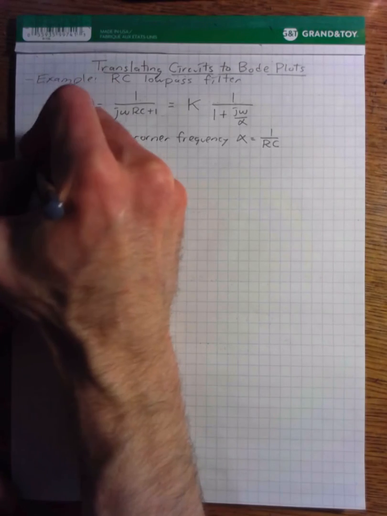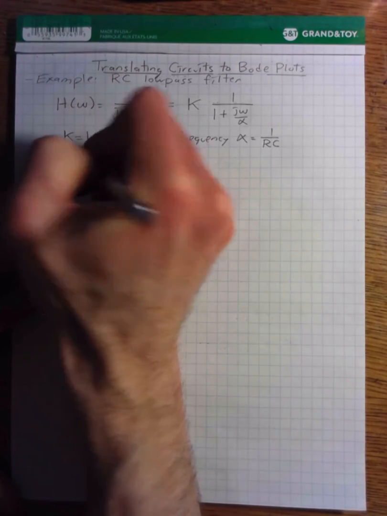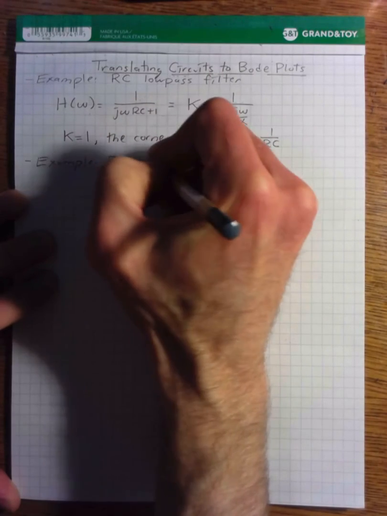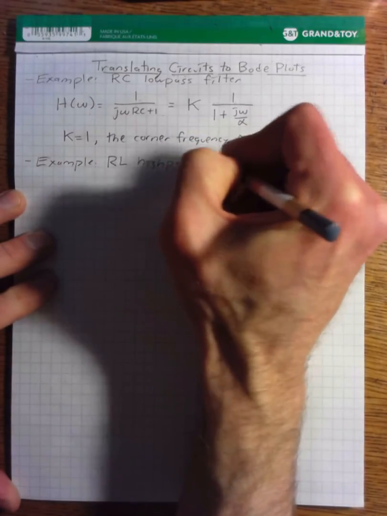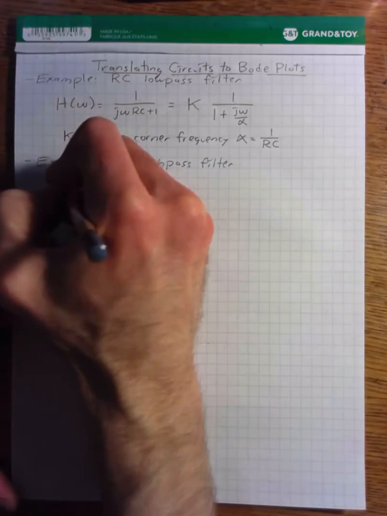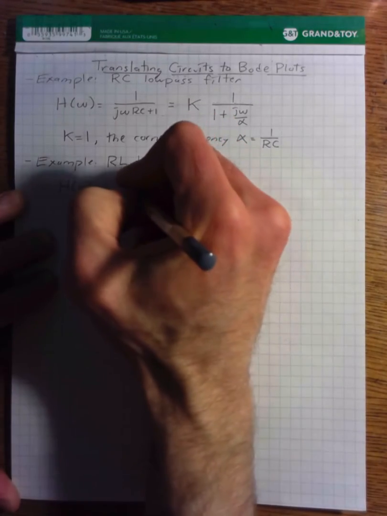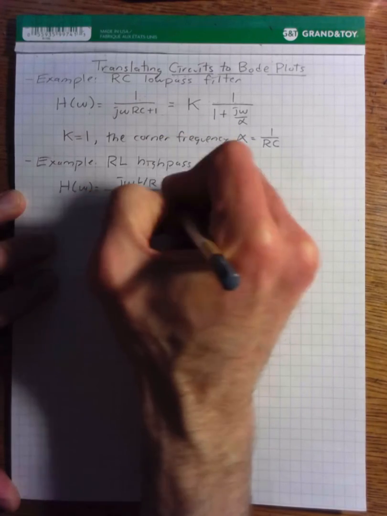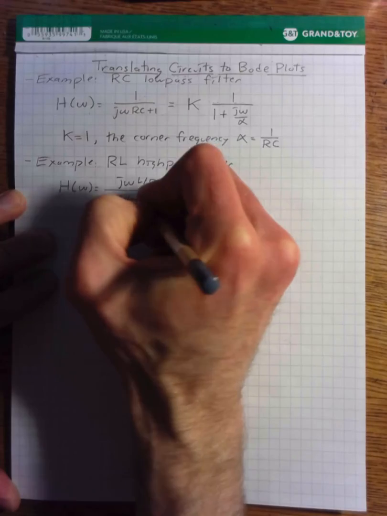Another example is an RL high-pass filter. In this case, H(omega) is equal to j omega L over R, over j omega L over R plus 1, right?